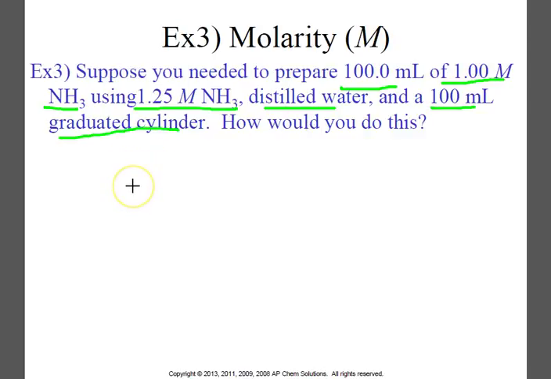Right, this is a process called dilution. Okay, dilution is when you have a solution of higher concentration and you're trying to change it into a solution with a lower concentration.